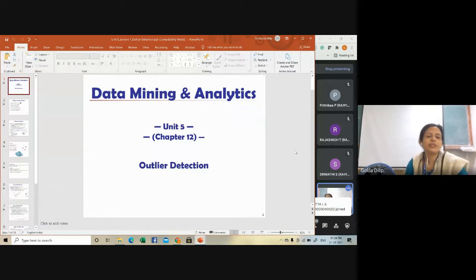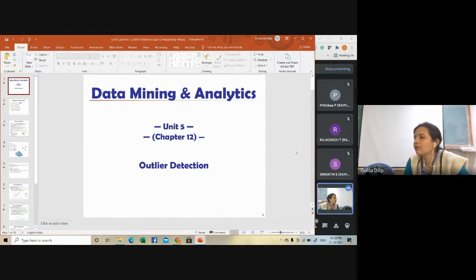So the last unit is all about outliers, outlier detection methods, outlier analysis or anomaly detection. What are all the data mining techniques that can help us detect spurious or suspicious transactions?